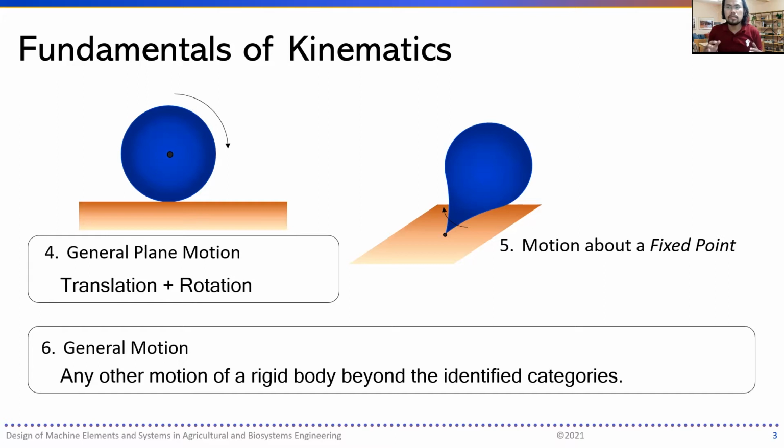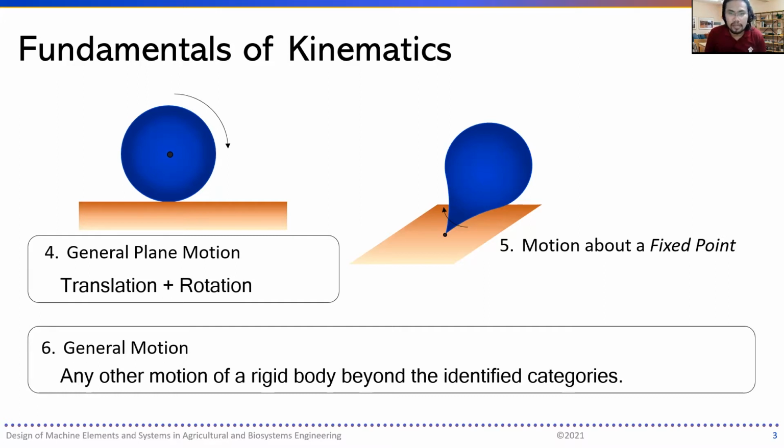It's important to take note of these fundamentals of kinematics, as this would be involved in the analytical solution of kinematics problems, the movement of machines. These are just shown to represent the types of motion, but in general, a wheel would not be part of a machine, unless it's driven by a shaft.